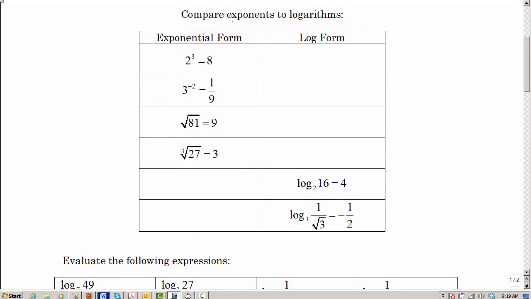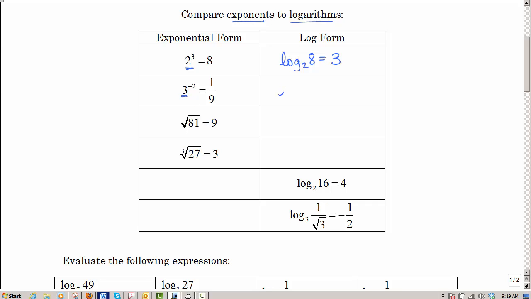How can we compare exponents to logarithms? Well, you just have to write them in a different form. If we have 2 to the 3rd power equals 8, this is written as log base 2 of 8 equals 3.